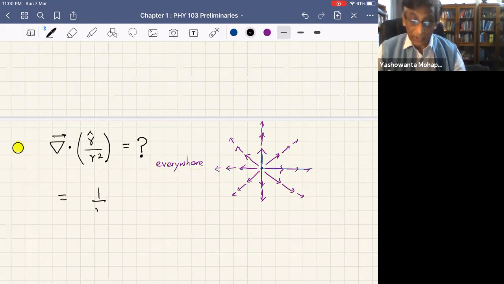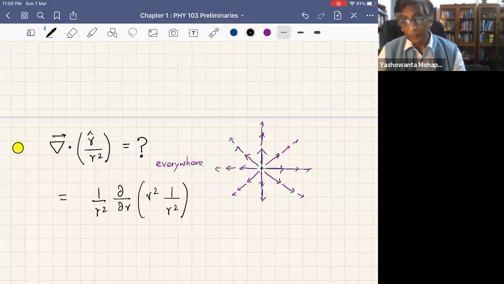This is only the first term: 1 by r squared, del by del r of r squared times 1 by r squared. There's only the r term, so that cancels. So this is equal to 0. So does it mean that the divergence of this quantity is 0 everywhere?